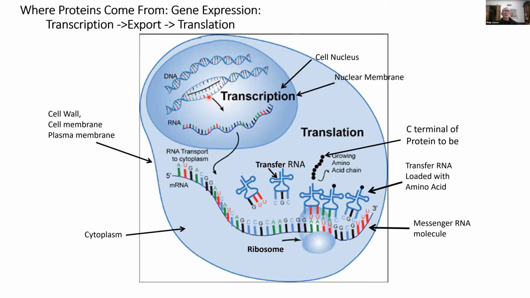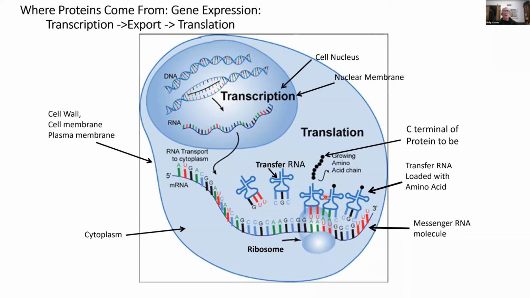And they send that message out to the cell by copying the DNA into an RNA molecule, which it exports to the cell. And this is now a messenger RNA molecule. And this is what is in the Moderna and Pfizer vaccines, a mildly modified messenger RNA molecule.